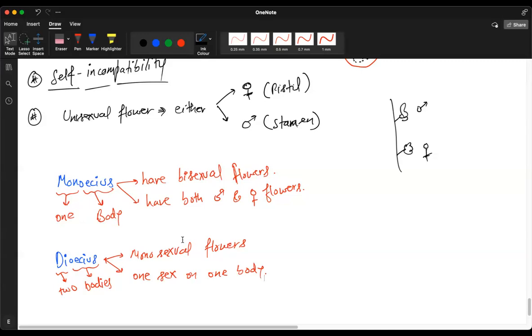Under what condition is it possible for a plant to produce monosexual flowers and have monoecious bodies? Who will give me the answer? Everyone wrote the question? Iram, Mariam, Rabia. Thumbs up if you have written the question.